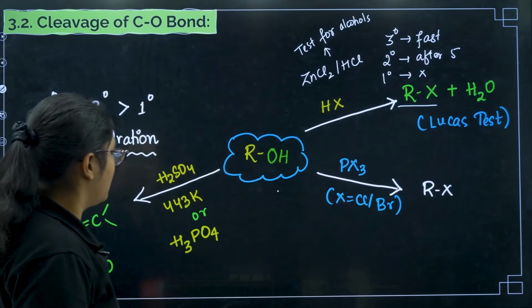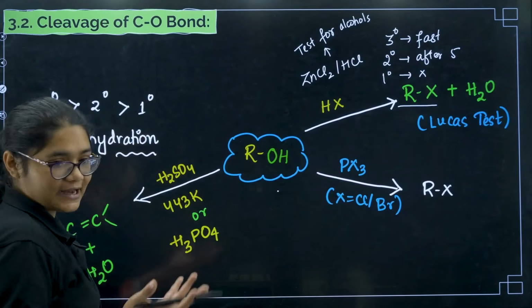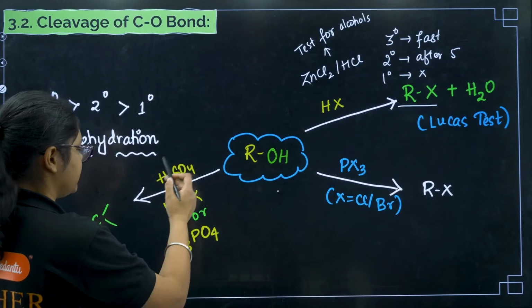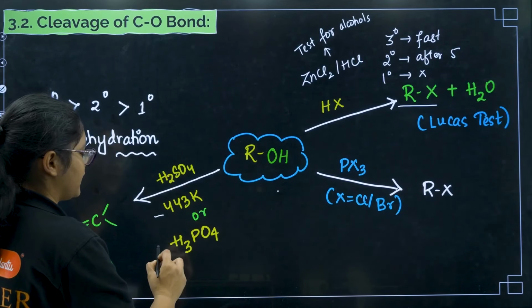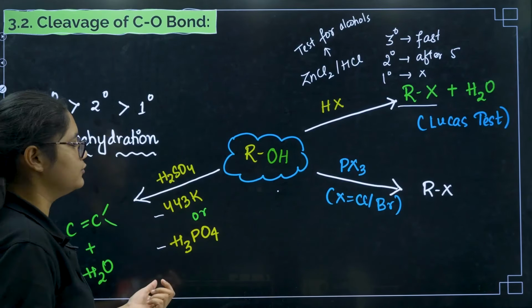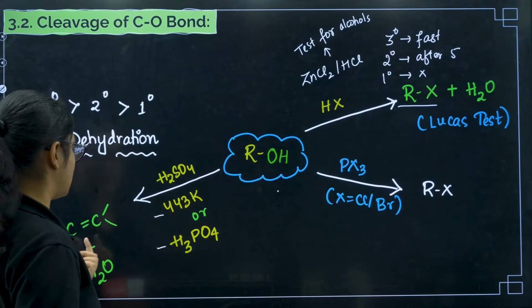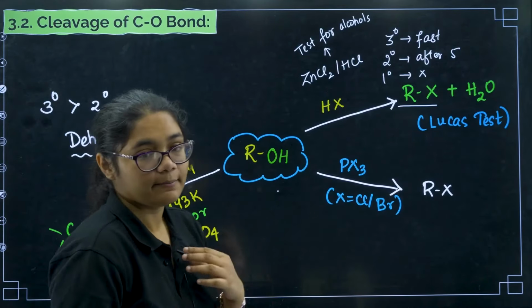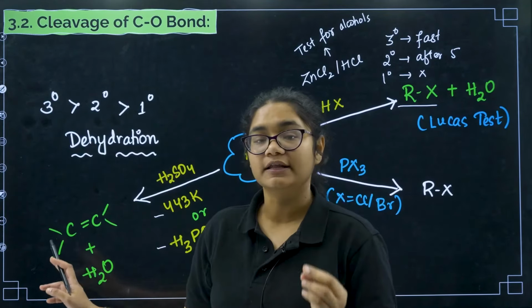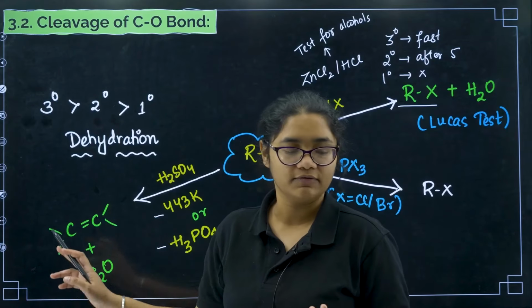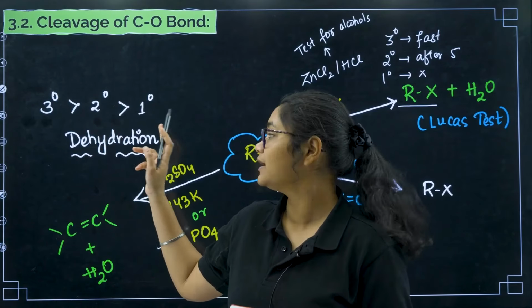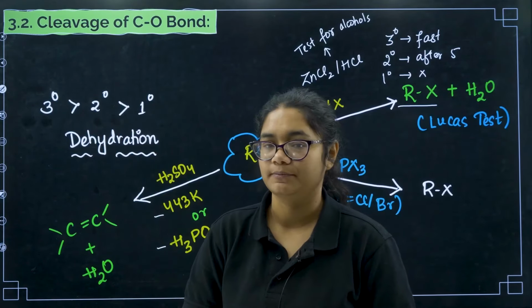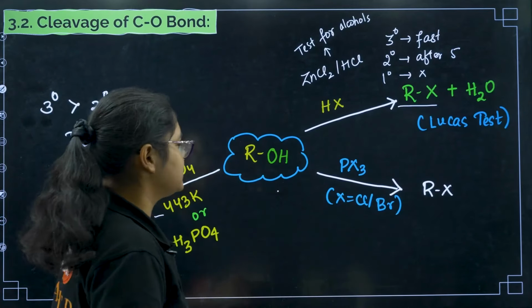Next we have the dehydration reaction. You have H2SO4 at 443 Kelvin or H3PO4 you can use. So dehydration will take place and we will get alkene as the major product. The order of dehydration is 3 degree, 2 degree and 1 degree. Clear? This is done.